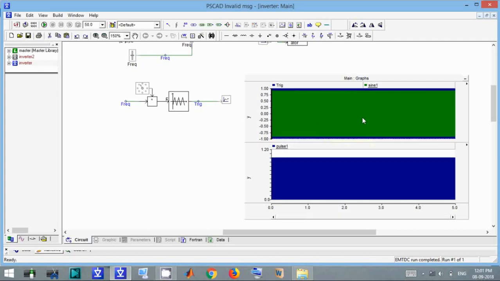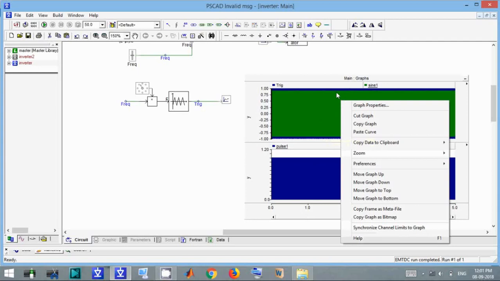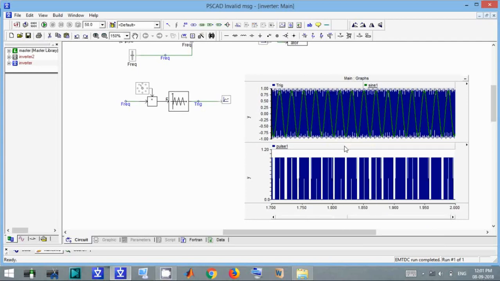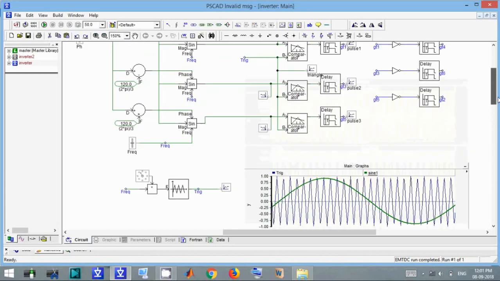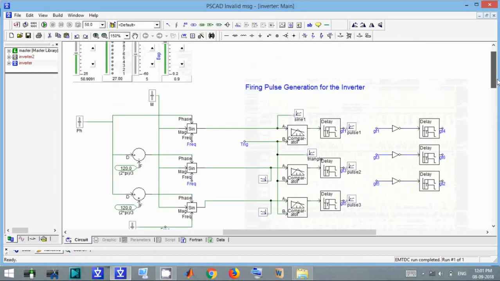If we maximize it again, you can see the pulse width variation and pulse width modulation. The width of the pulse is important, and you can see the widths are changing and are different at every instant, so pulse width modulation is possible.